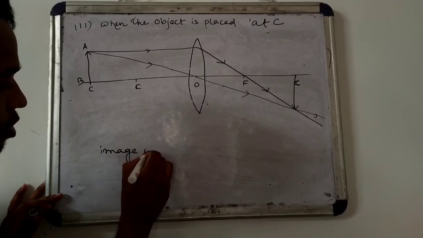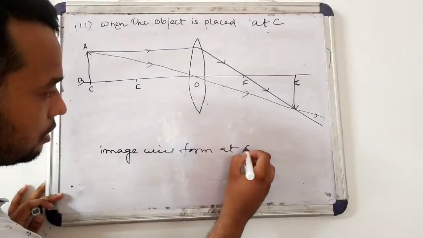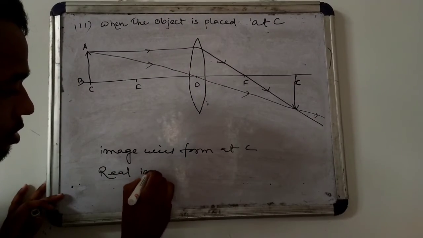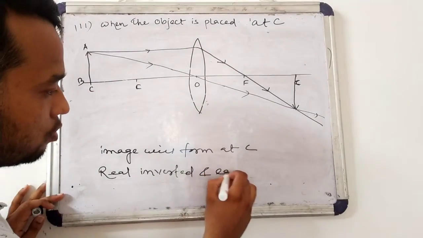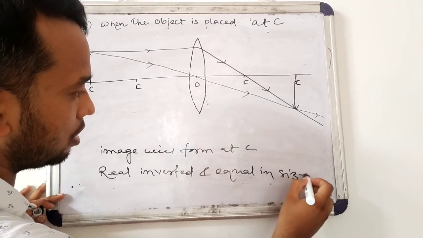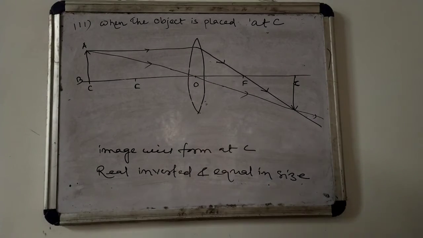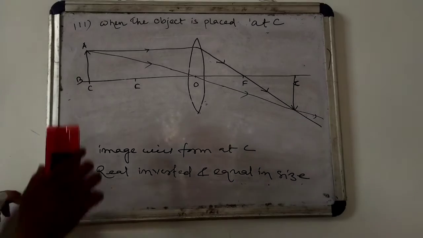So the image will form at C, which will be real, inverted and equal in size. The size of the image will be equal to the size of the object. So this is the third case.